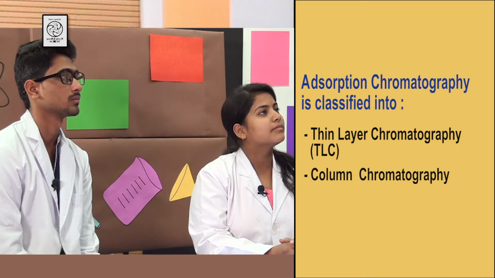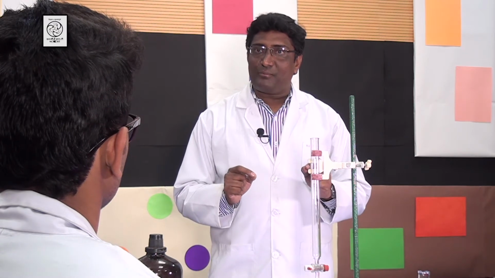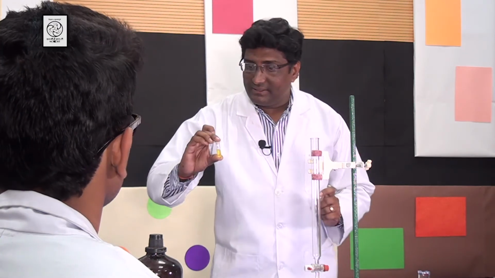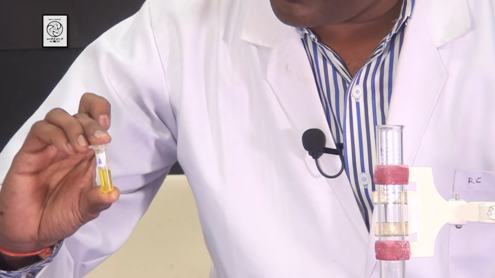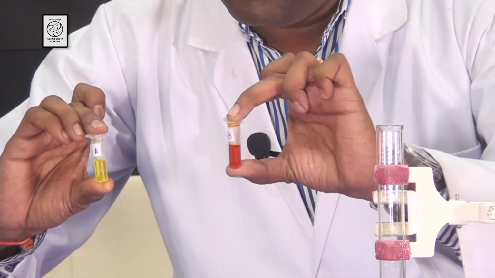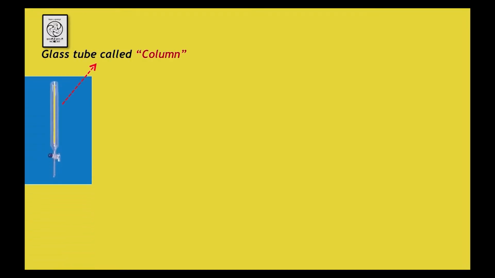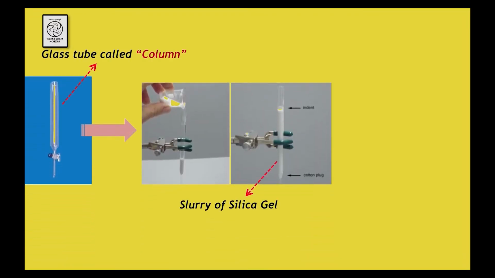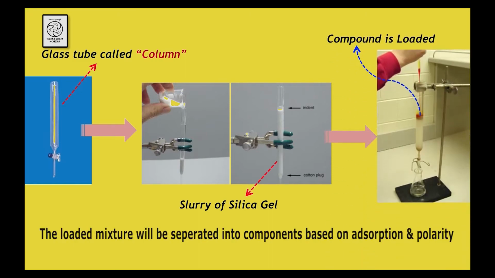Okay students, today I will show you how to perform column chromatography to separate a mixture of compounds containing a yellow compound, which is compound A, and a red compound, which is compound B. Column chromatography basically involves a glass tube packed with a slurry of silica gel, which is the stationary phase, and the loaded mixture will be separated into components based on adsorption and polarity.